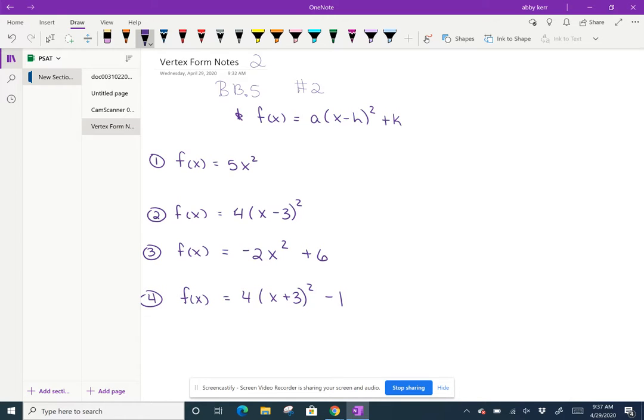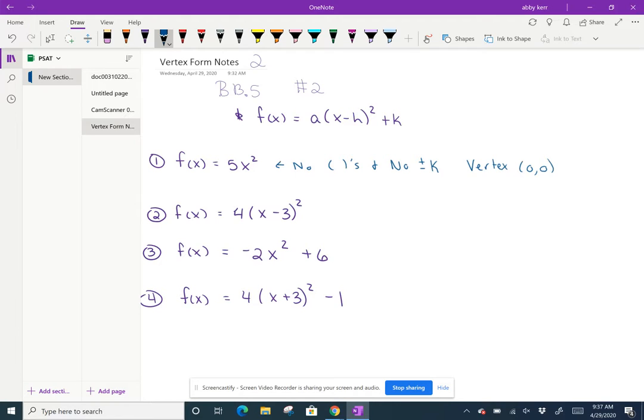Now, each part is missing something, at least 1 through 3. So, if you have no parentheses and no plus or minus k, then your vertex will be 0, 0.